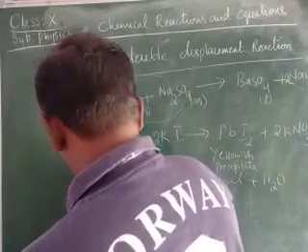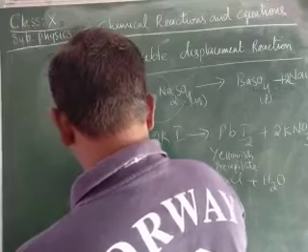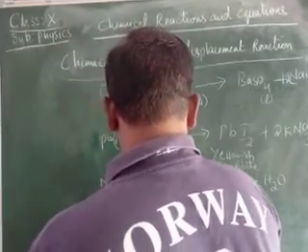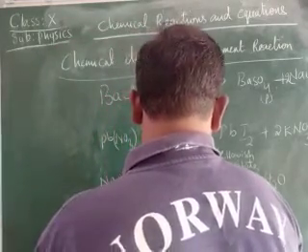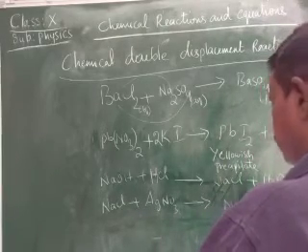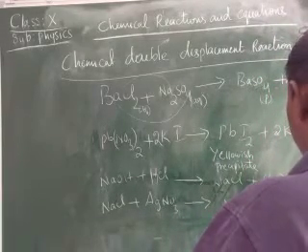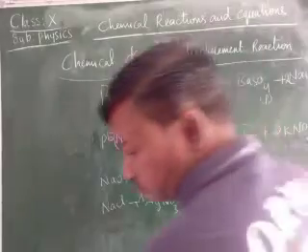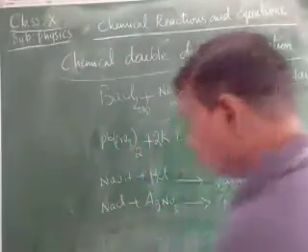And sodium chloride, when reacting with silver nitrate, gives sodium nitrate and silver chloride.